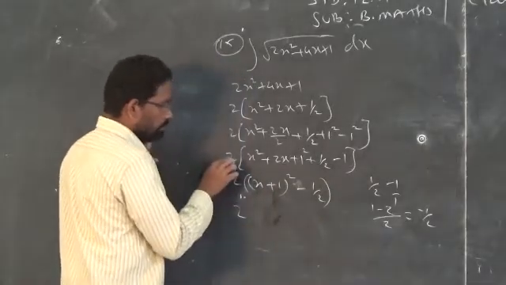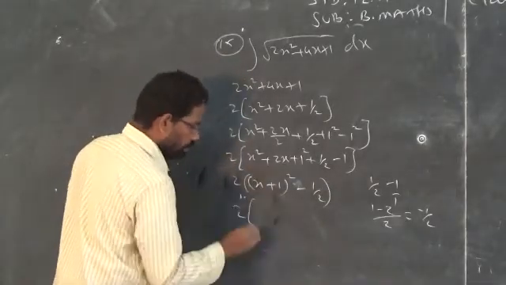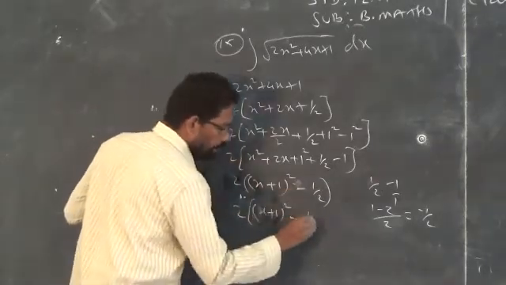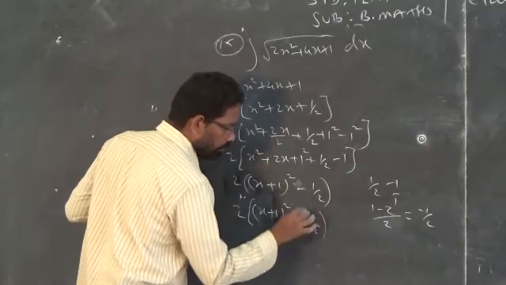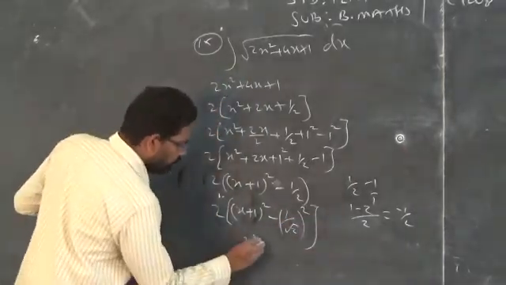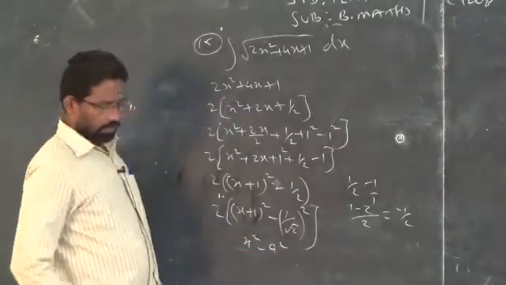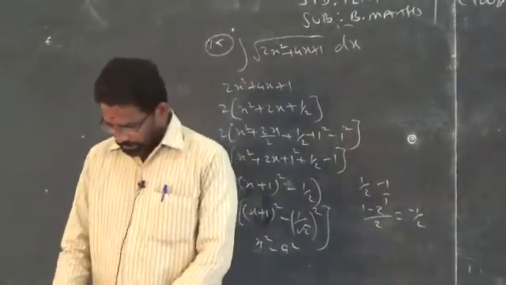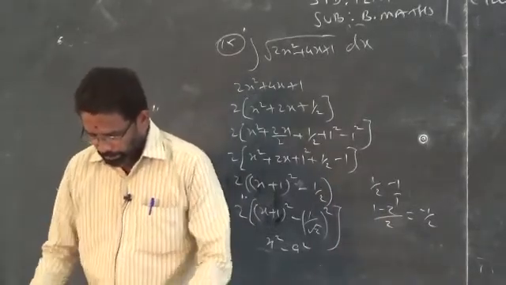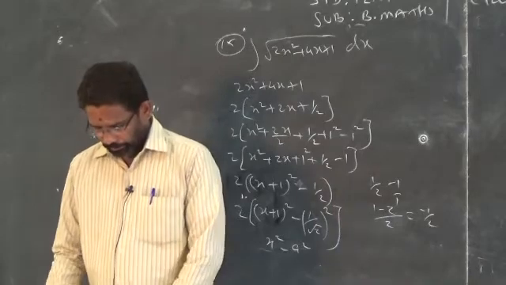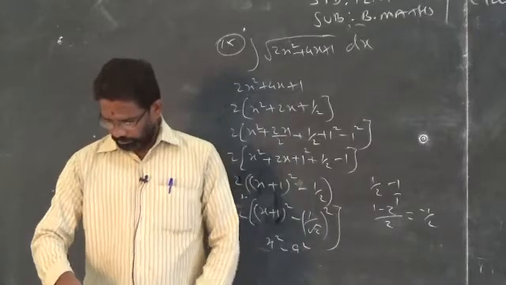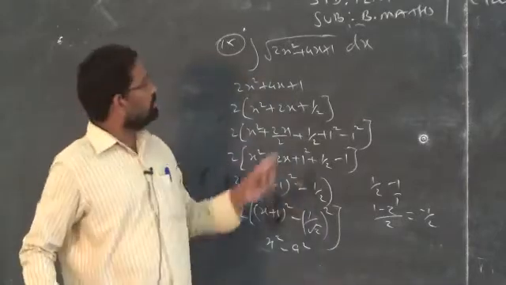Now, this 2 is very important. You have to take this 2 always along with all the steps. x plus 1 the whole square minus, you have to write this like 1 by square root of 2 the whole square. Clear? Now, this is in the form of x square minus a square. So, what is the formula for x square minus a square? Refer to the formula on page number 59, and see that it is inside the square root.